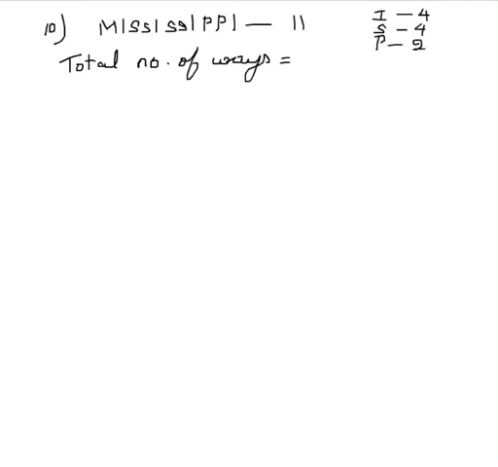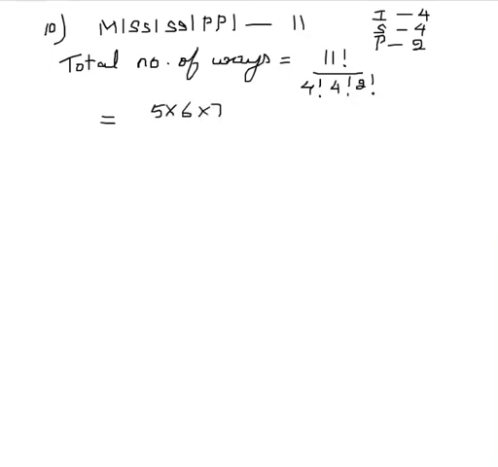We have identical alphabets. So total number of ways is equal to 11 factorial divided by, we have to divide by the identical items, the third formula of permutation which we saw. 4 factorial into 4 factorial into 2 factorial. Let us cancel 4 factorial out of 11 factorial.